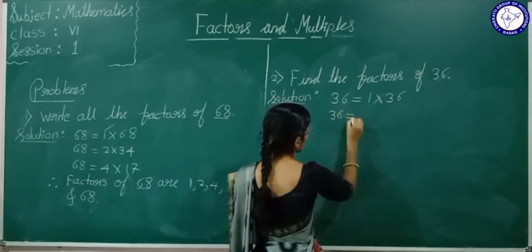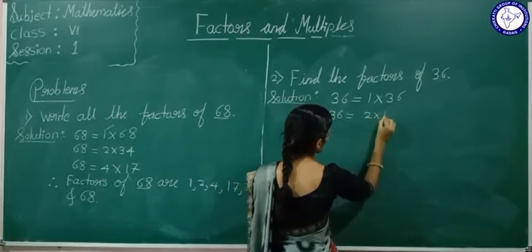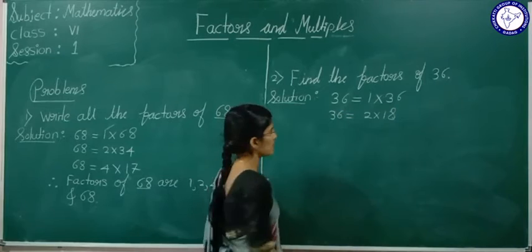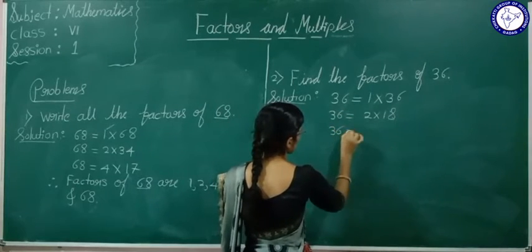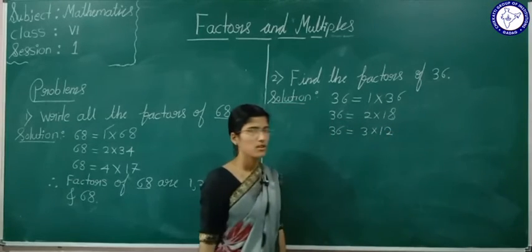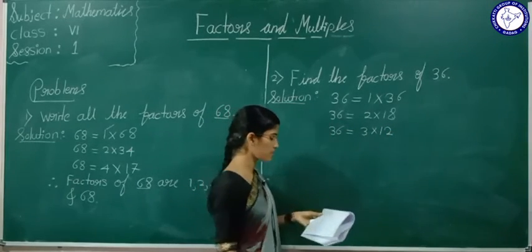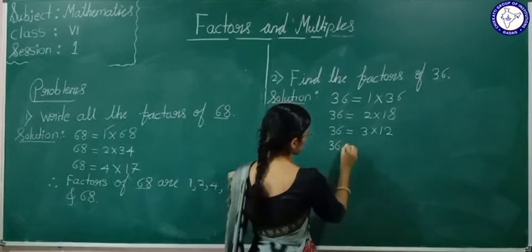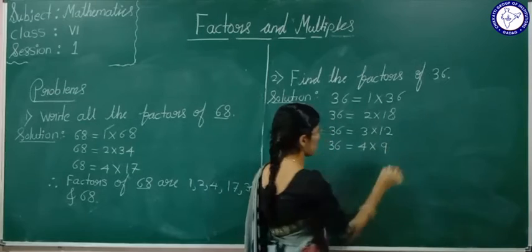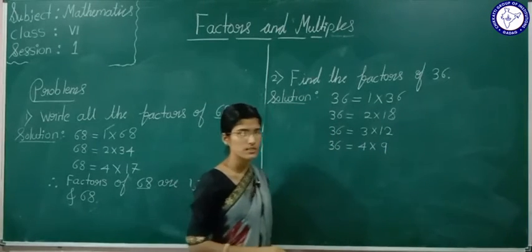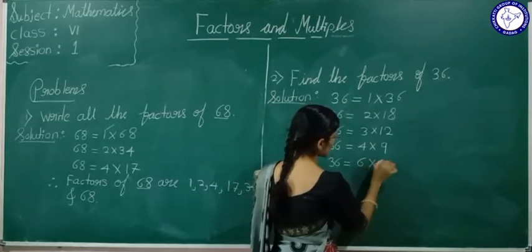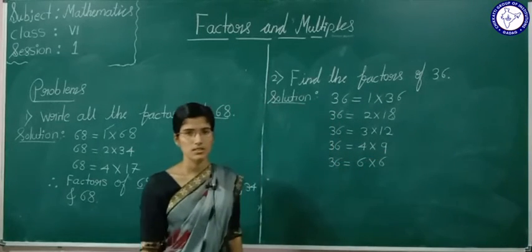Again, 2 multiplied by 18. 2 eighteens are how much? 36. Again this can be expressed as 3 twelves. Again 36 can be expressed as 4 nines. 4 nines are 36. Again 36 can be expressed as 6 sixes, 6 sixes are 36.